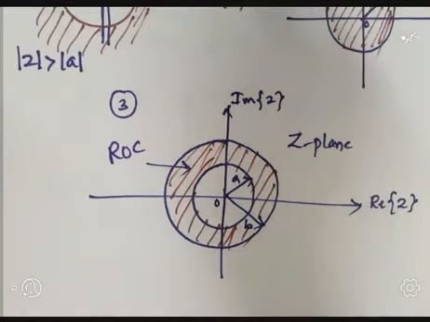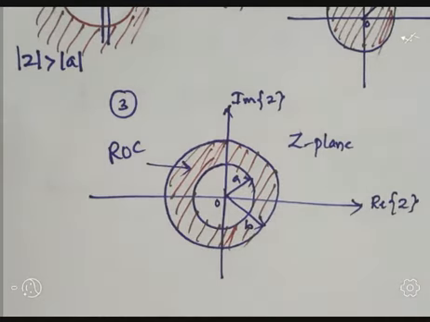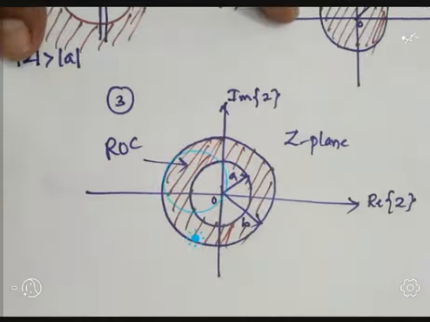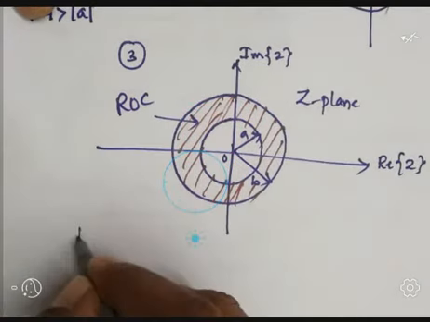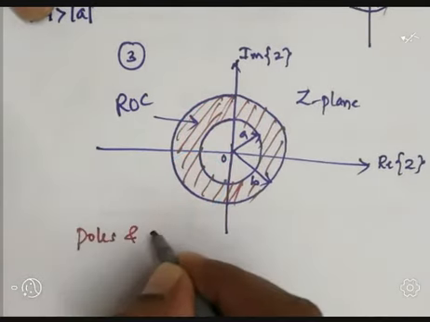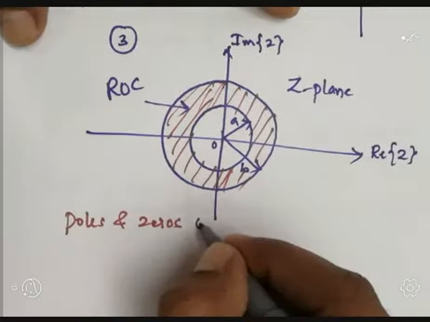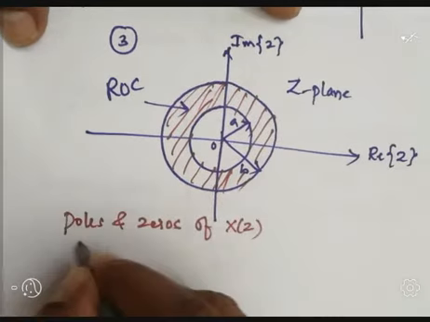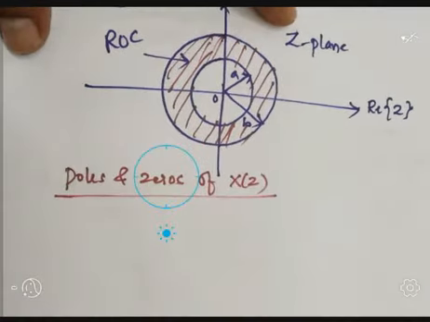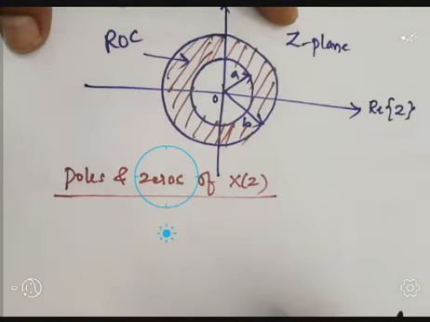Now we can see some other cases, namely poles and zeros of X of z, the poles and zeros of the Z transform. How are we going to represent poles and zeros?